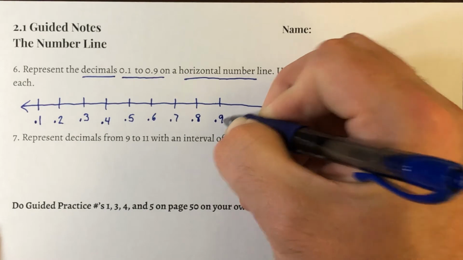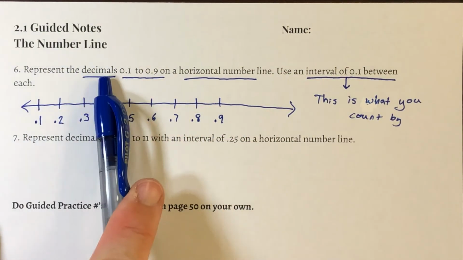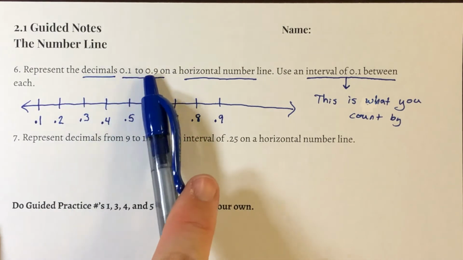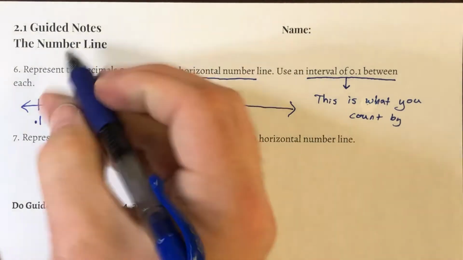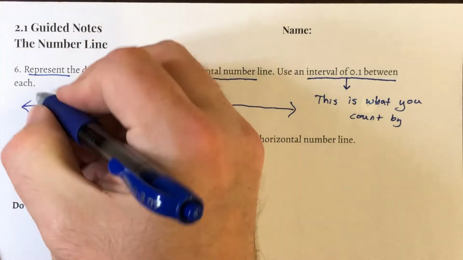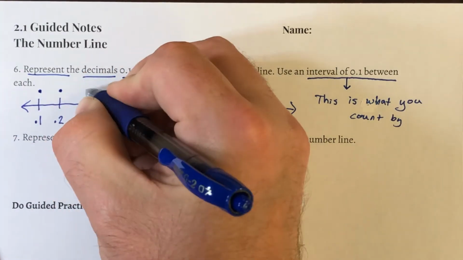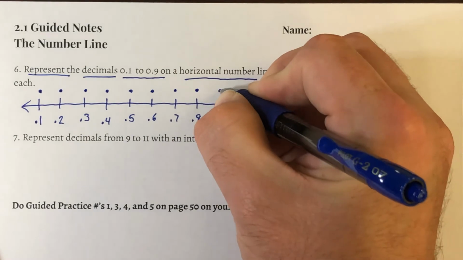And 9/10. So I haven't represented yet, but I have put the decimals 1/10 to 9/10 on my horizontal number line. Now let's represent them. So which ones are 0.1 to 0.9? Well, all of them. So 0.1, 0.2, 0.3, 0.4, 0.5, 0.6, 0.7, 0.8, and 0.9.